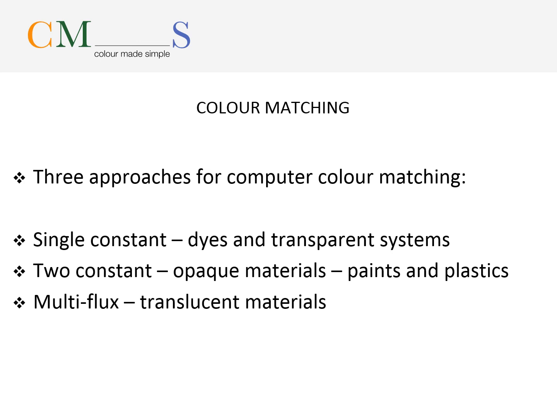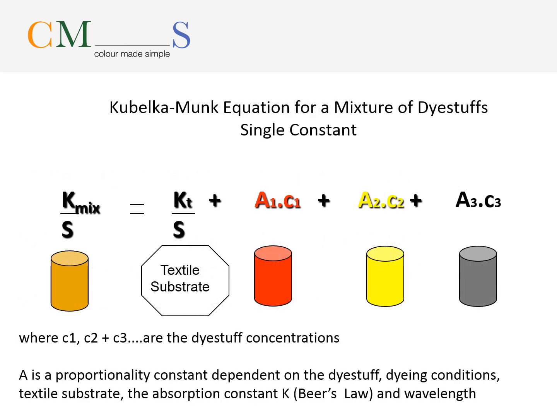There are three approaches when it comes to colour matching: single constant for dyes and transparent systems, two constant for opaque materials, and multiflux for translucent materials. The Kubelka-Munk equation applied to a mixture of dye stuffs.